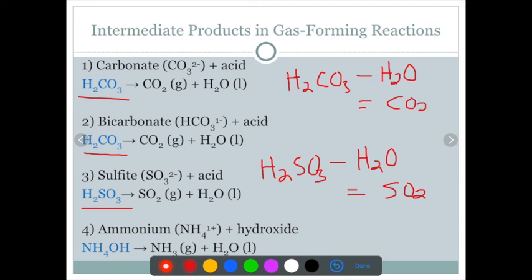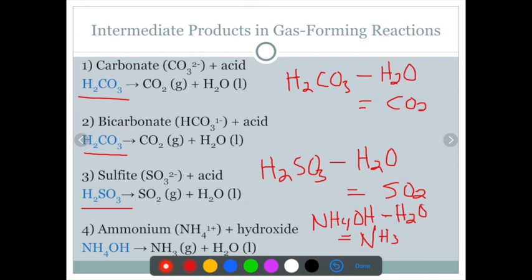Okay, and then last one, we have ammonium with hydroxide, we get NH4OH. We're going to subtract out water, and that gives us NH3, ammonia as our gas. Okay, so that's a nice little trick to have.